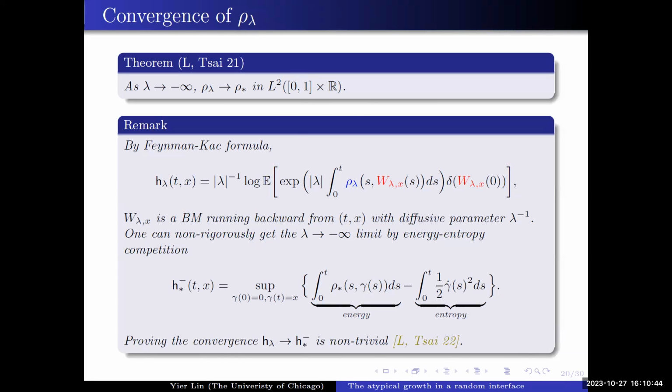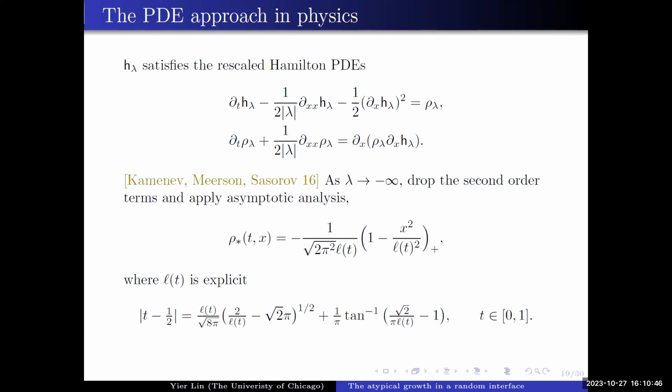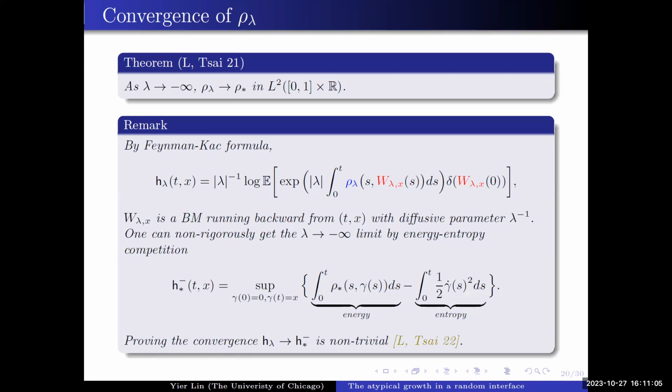It is usually most convenient to first understand rho rather than H, because when you remove this second order term, you have this Hamilton equation, and there are infinitely many solutions of it. Again, you need to understand which one is the correct solution. So we show that there is some L2 convergence.